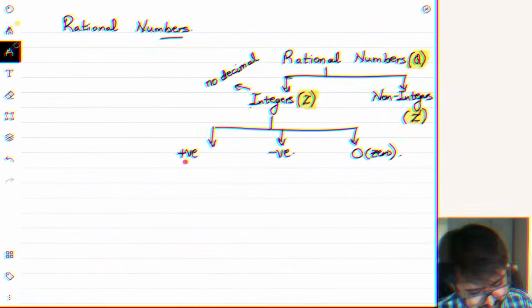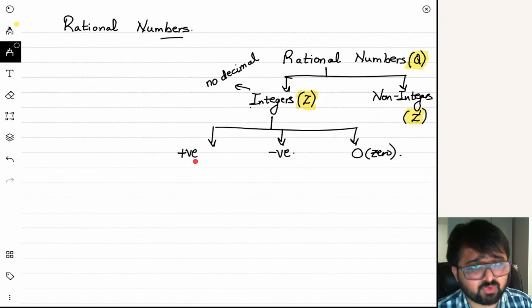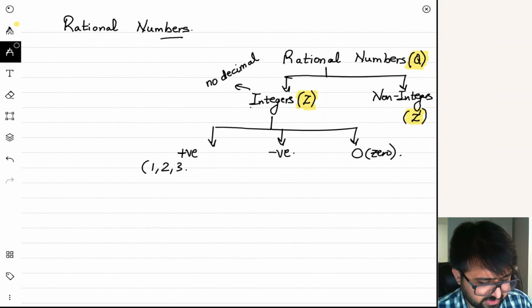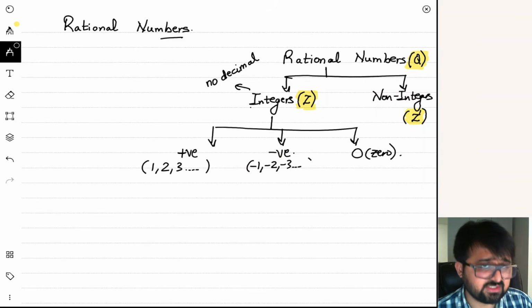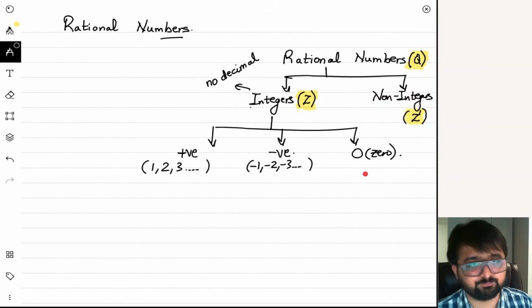Positive integers are numbers 1, 2, 3, and so on. Negative integers are -1, -2, -3, and so on. And number 0 is just the number 0. I hope it makes sense so far. So integers can be further categorized into three categories: positive integers, negative integers, and 0.